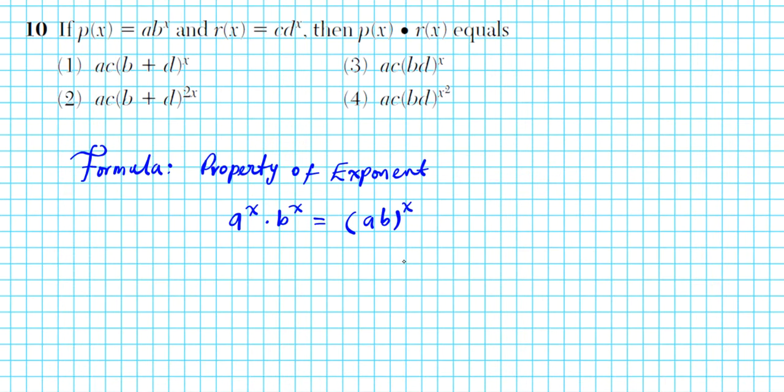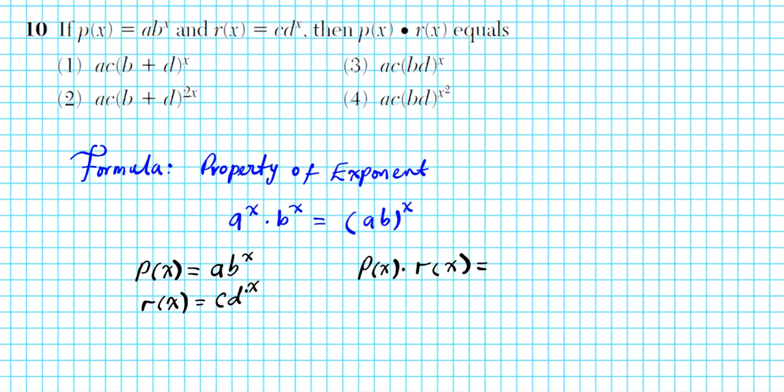Okay? We're going to apply that here in a minute. We know that p of x is equal to a times b to the x power, and r of x is equal to c times d to the x power. So what is the product of p of x times r of x?